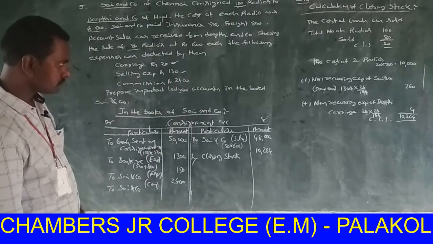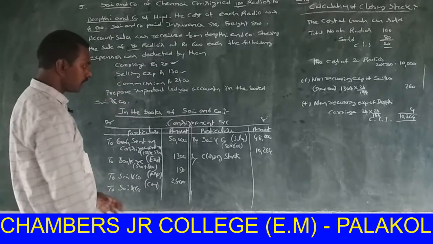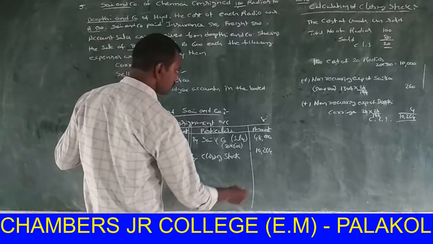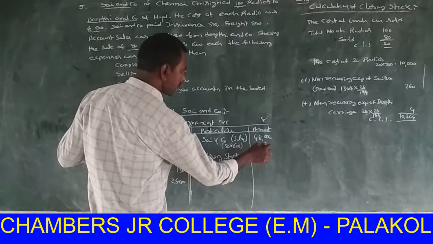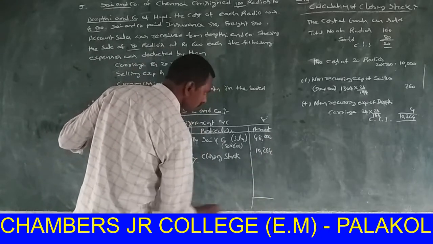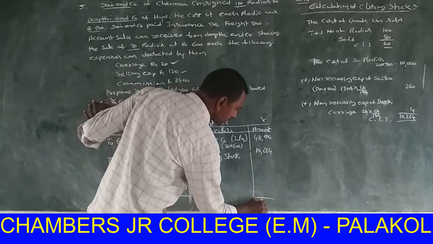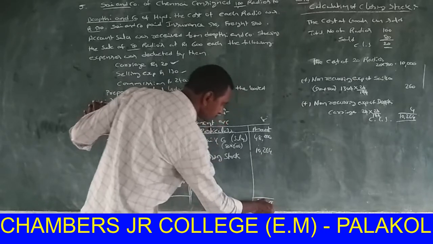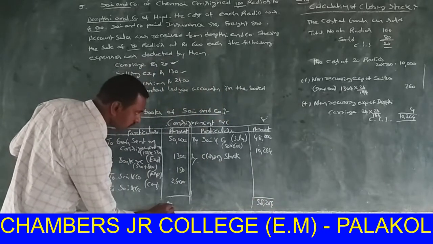Now the total amount: the credit amount is bigger than the debit amount. So the total 58,264 in credit side.